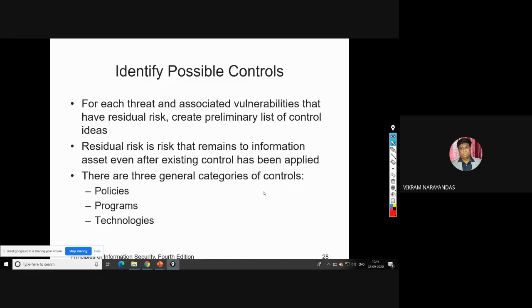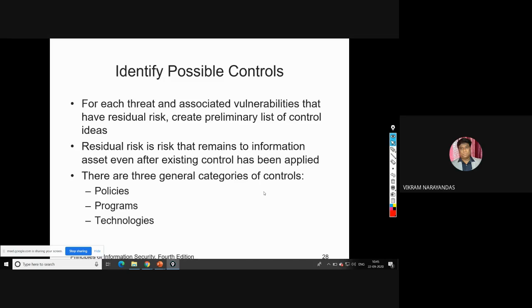Next, identify the possible controls for each threat and its associated vulnerabilities that carry some risk, and create a preliminary list of control ideas.